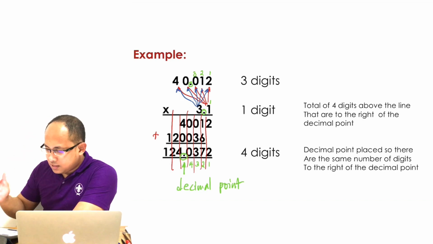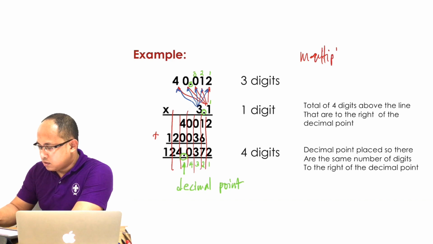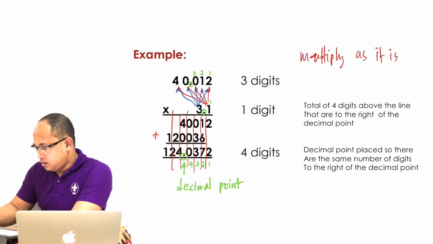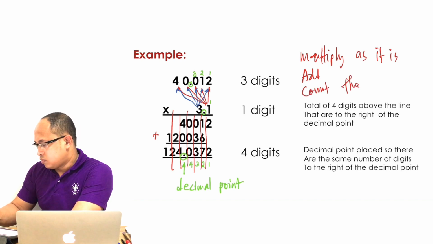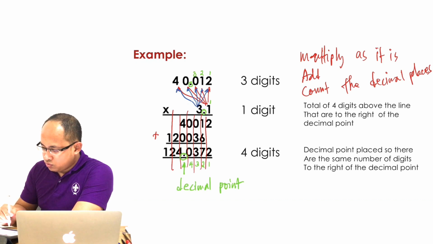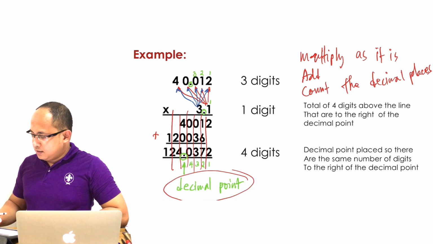Multiply the numbers as they are, and then add. After that, you count the decimal places and use it here. That's how you multiply decimals.